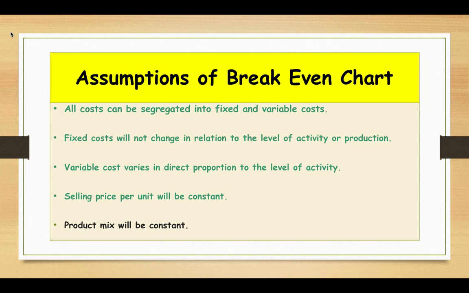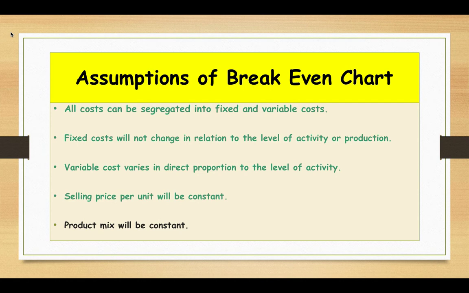And they say the product mix will be constant. Say if a company produces two different types of products, say one product 60% and the other one is 40%. So the product mix 60 to 40 stays the same.